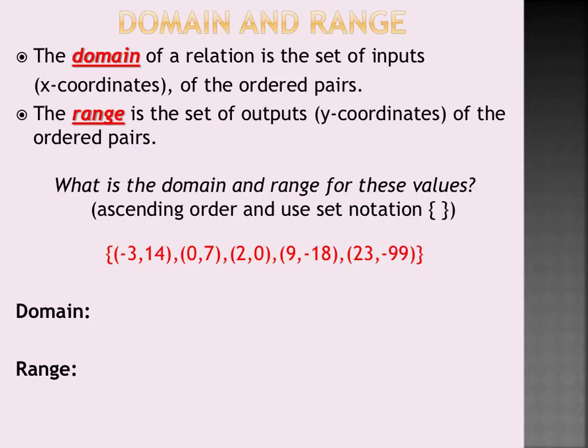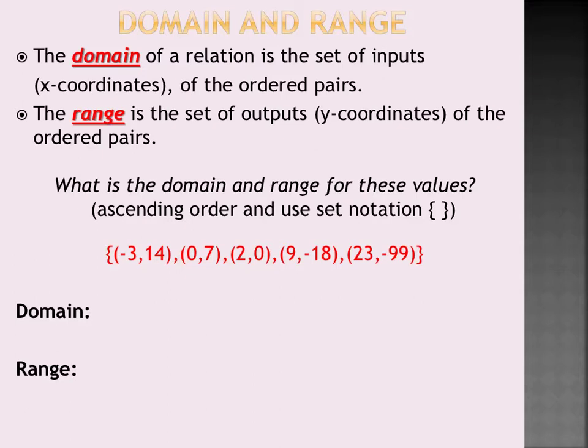So the domain of a relation is the set of the input values, or just the x coordinates, and the range is the set of the output values, or the y coordinates of those ordered pairs. So here I have a set, this is a relation, and I have all the ordered pairs that are in that relation, and I want to write the domain and range for this relation.